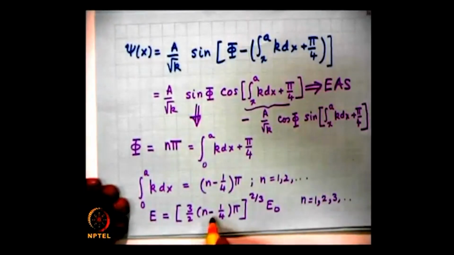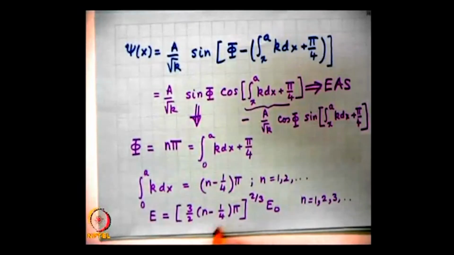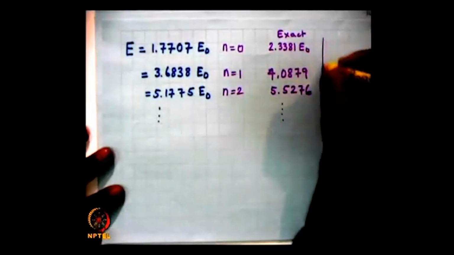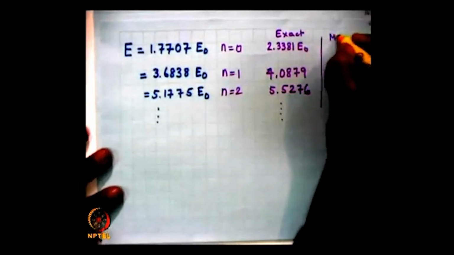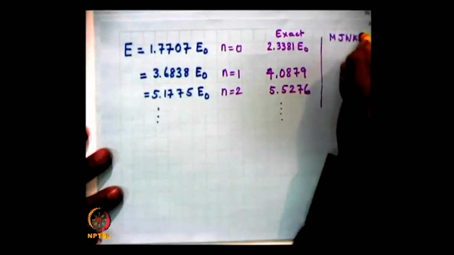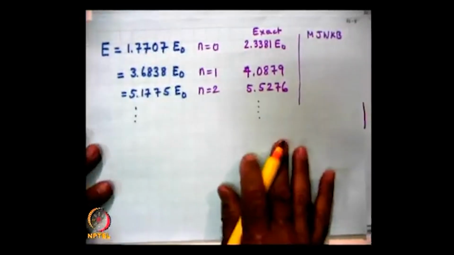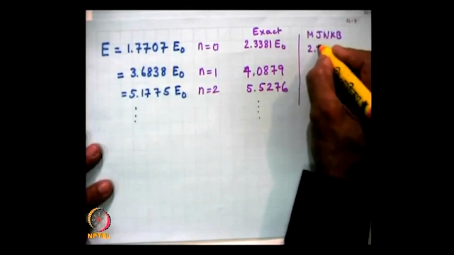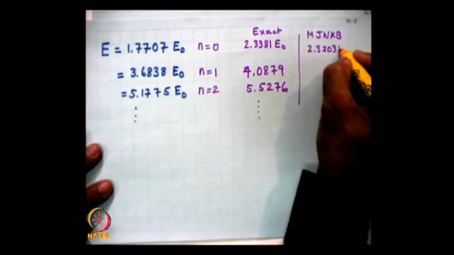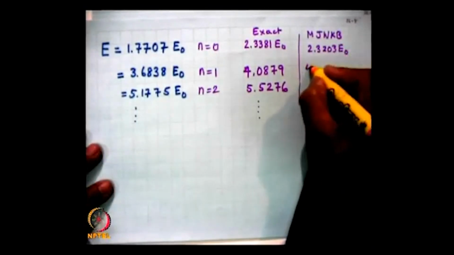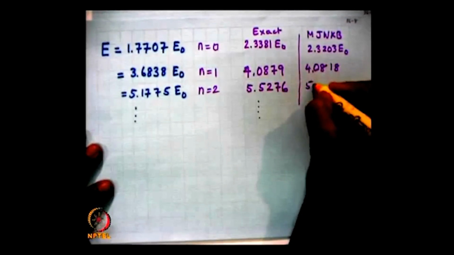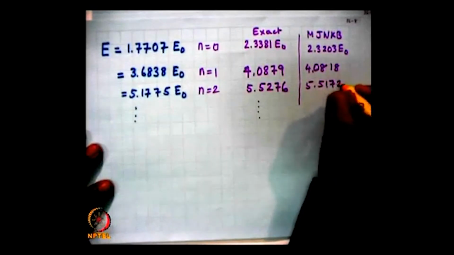So, instead of n plus half pi, if you put n minus a quarter pi, then the result will come out to be equal to 2.3203, this is the modified JWKB result, slightly modified JWKB result, and the next values come out to be 4.0818, 5.5172.